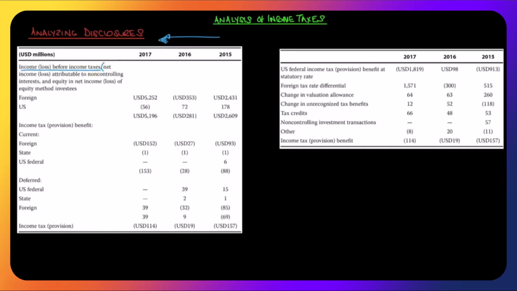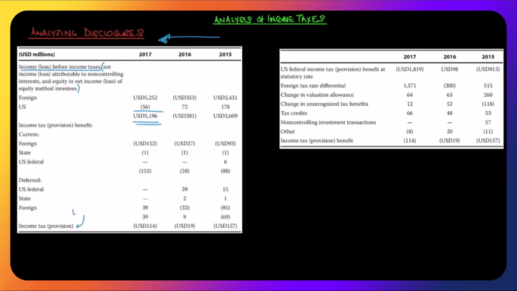And equity in net income of equity method investees, that's the associates we mentioned. So we've excluded all of those. Not going to see that at level 1, just know they've been excluded. So we have 5252 USD in income from foreign sources, a loss of 56 in the US to give us 5196.